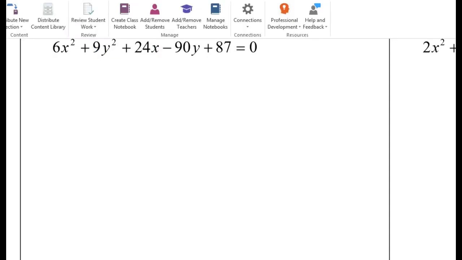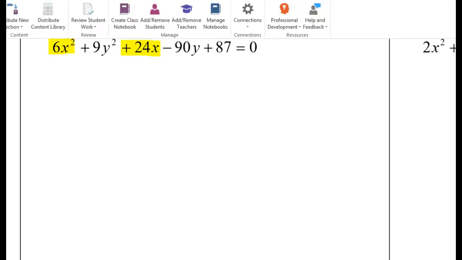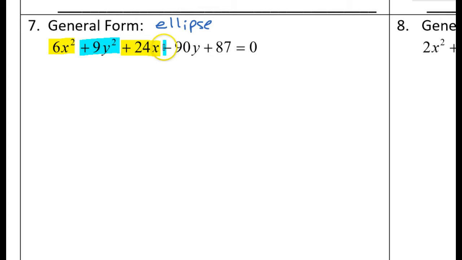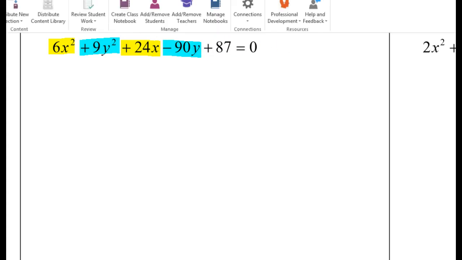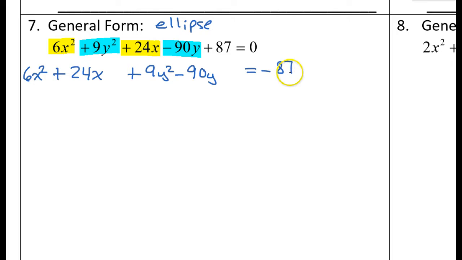I need to group together my x terms and my y terms. And that 87 needs to get out of the way. So I'm going to have 6x squared plus 24x plus 9y squared minus 90y is equal to negative 87.